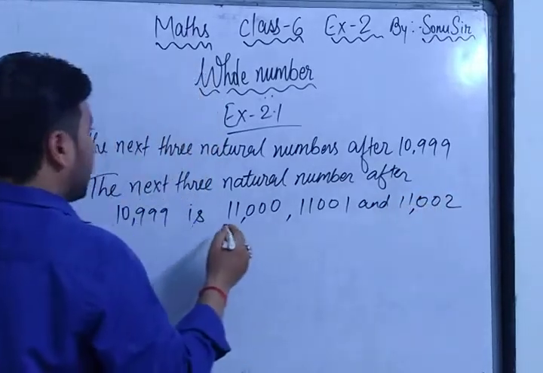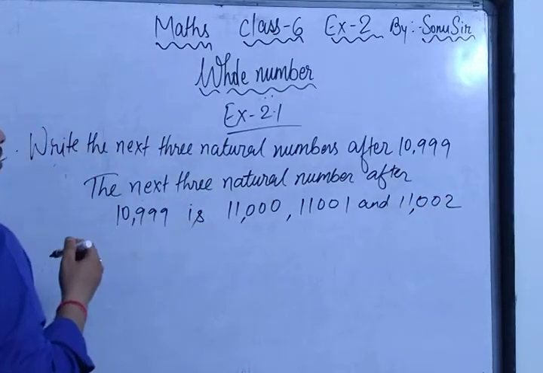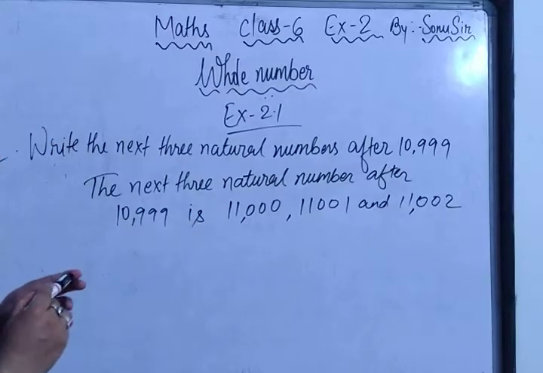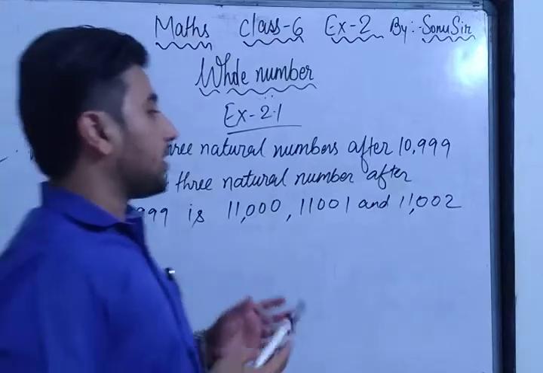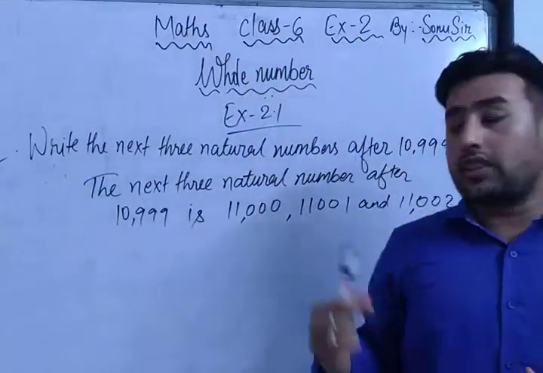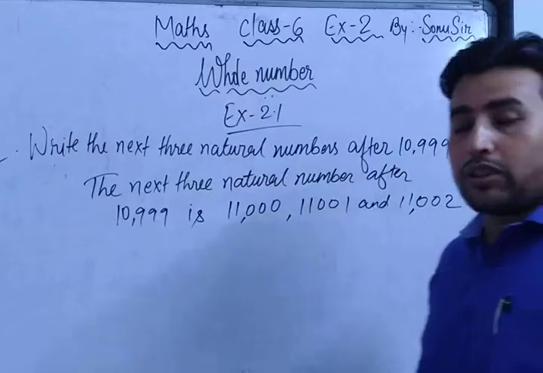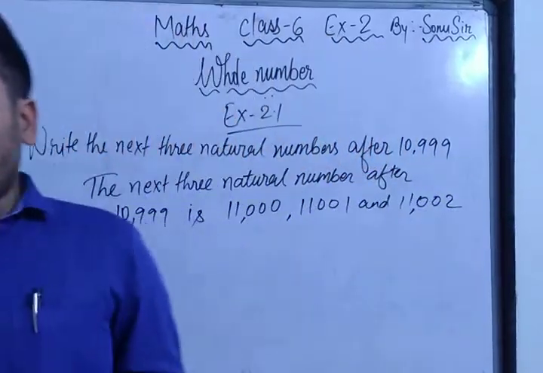I hope all of you have understood the first question. In the first question, we just have to write the next 3 numbers after 10,999.